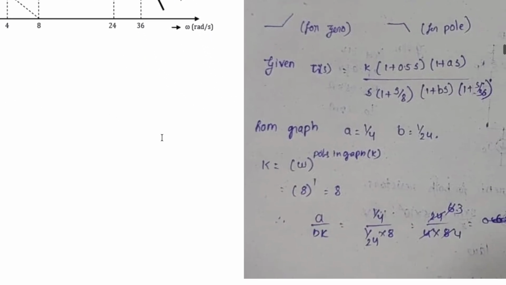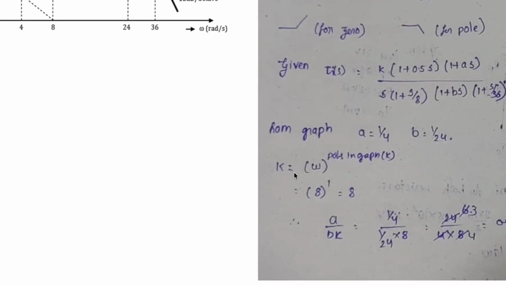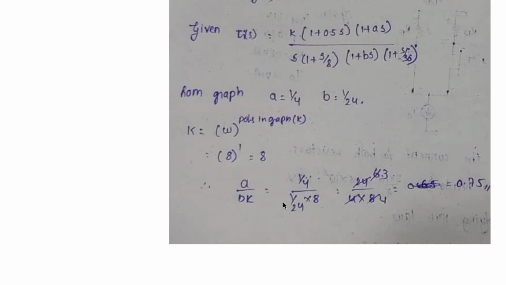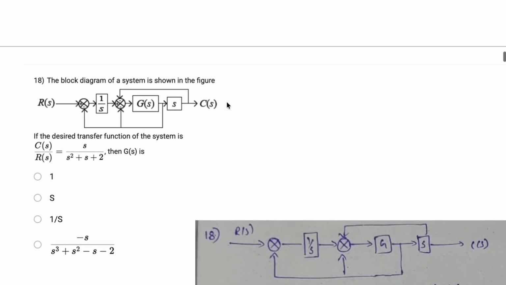Omega is equal to 8, so 8 to the power of the number of poles. Here only one pole is decreasing, the other 2 are increasing, so K is equal to 8 to the power 1, so K is equal to 8. By substituting the values of A by BK, 1 by 4 by 1 by 24 into 8, we get 0.75 as the answer. Next question.